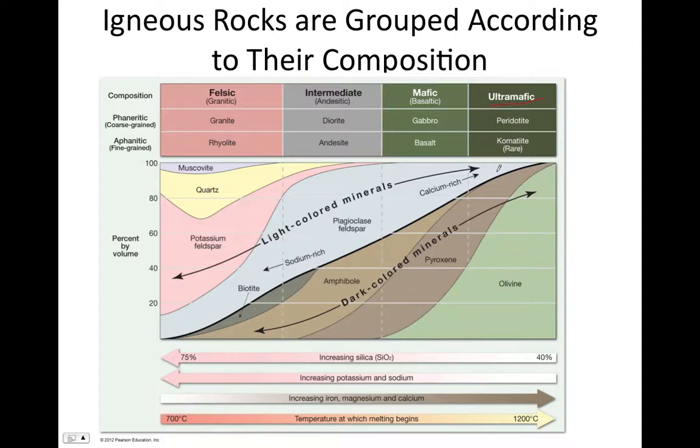So you'll notice that felsic igneous rocks have plagioclase feldspar, intermediate igneous rocks have plagioclase feldspar, mafic has plagioclase feldspar, and ultramafic has plagioclase feldspar. They all have plagioclase feldspar. The difference is how much sodium or calcium is in the plagioclase feldspar. Felsic has more sodium-rich plagioclase feldspar, and mafic and ultramafic have more calcium-rich plagioclase feldspar.